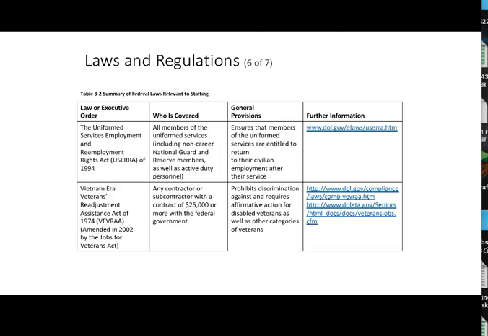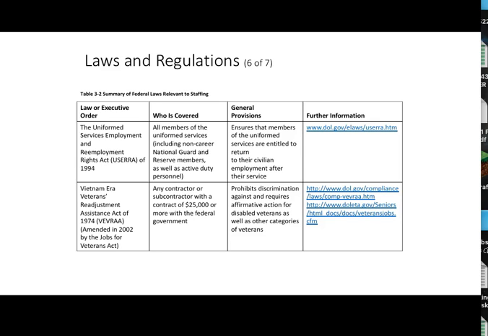Here on page 6 we have the Uniformed Services Employment and Reemployment Rights Act, the USERRA. And then we also have the Vietnam Era Veterans Readjustment Assistance Act of 1974. Both of these deal with people who've served in the military uniformed services, to protect them in some way.